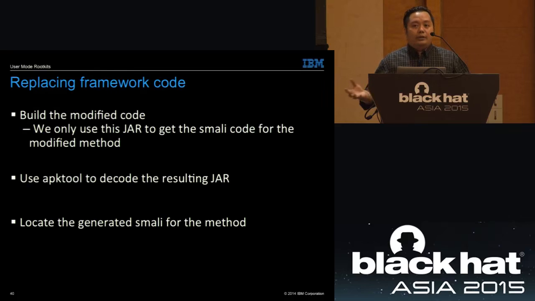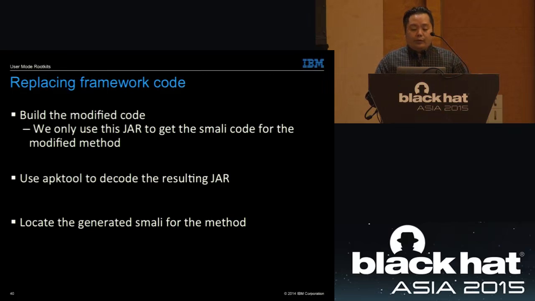So what we're going to do is take the framework.jar file on your device and modify that instead. So we use apktool to decode the resulting jar and locate the generated smali for the method that we modified. We're going to use the generated smali later to replace the original one.